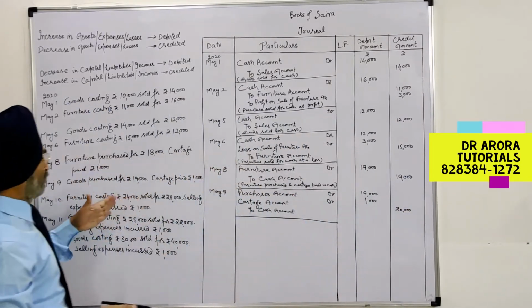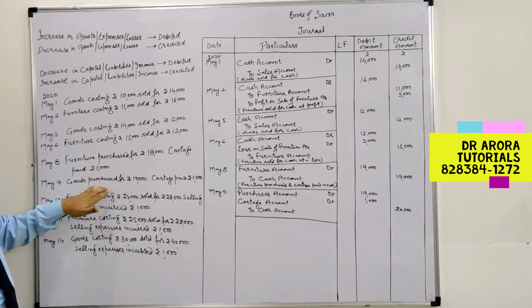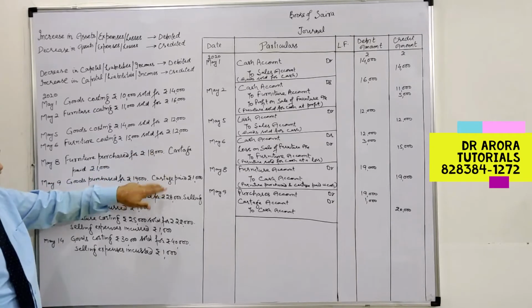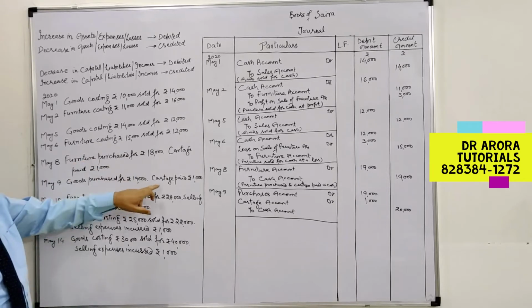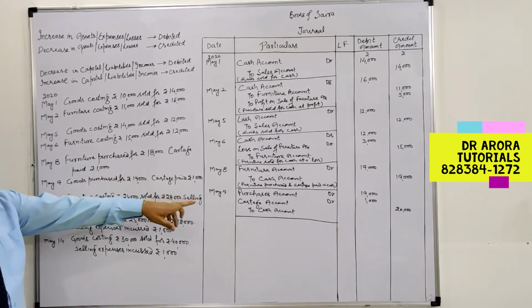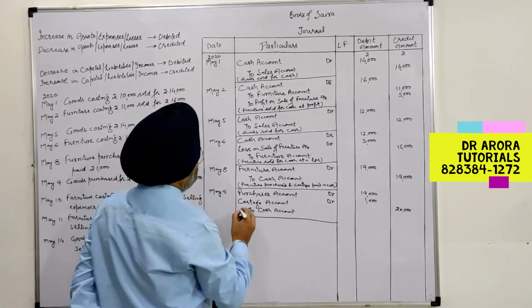So see the difference when a non-current asset is purchased and when goods are purchased. In both the cases the cartage is paid. In one case cartage is included in the cost of the asset, in the other case cartage is not included in the cost of the goods purchased. That is shown separately. Cartage account is debited.